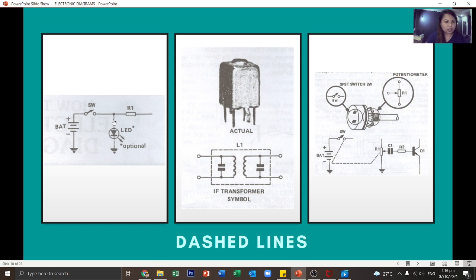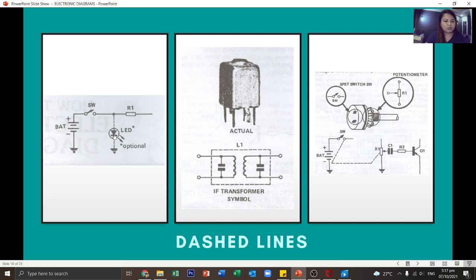Here you can see this LED is connected using a dashed line, meaning you may or may not add the LED here. The circuit will still work. This LED is just an indication that there is a current flowing in the circuit.